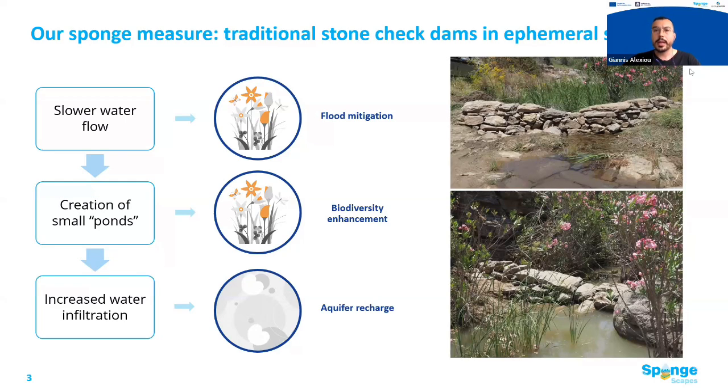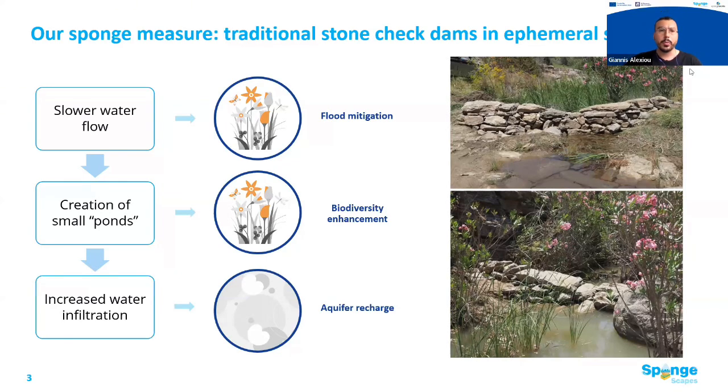These structures are really low in height. In many cases, they are less than half a meter tall. They are piles of stones with no connecting material, and they serve a triple goal.